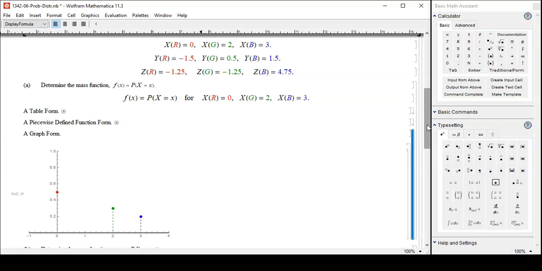If you have a function, a real valued function, you can always graph it. For x equal to 0, we have the probability of 5/10, colored in red. x value is 2, then you have probability of 3/10. X value is 3, then you have probability of 2/10. Otherwise, all 0.